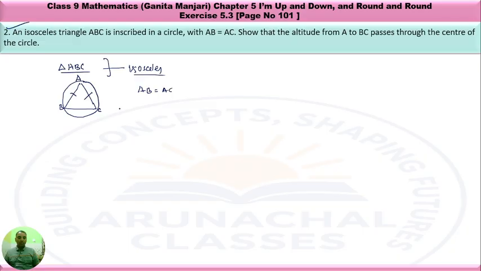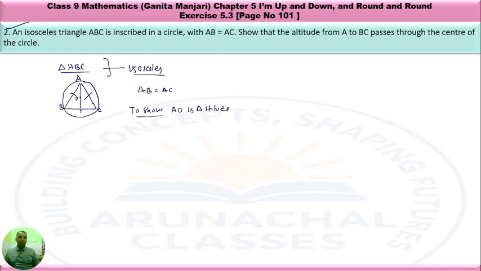Show that the altitude from A to BC passes through the center of the circle. We have to draw an altitude from A to BC, and it passes through the center of the circle, that we need to show. So I can just write down, to show that AD is altitude.